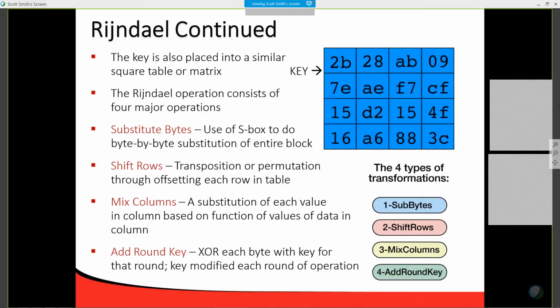And there are 11 different iterations of this as we go through the process. Now, I'm not showing you this because it's on the test. I'm showing this because I want you guys to get interested in this cryptographic process. This is one of the most popular and most widely used encryption standards that we see today, and it's relatively simple to understand.